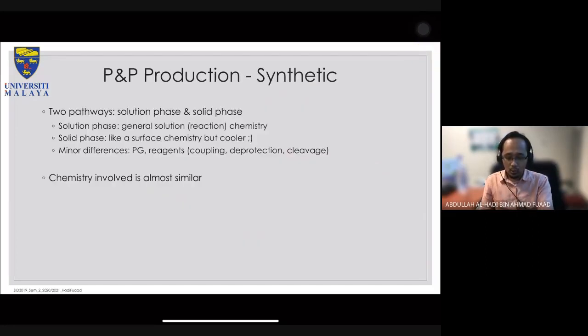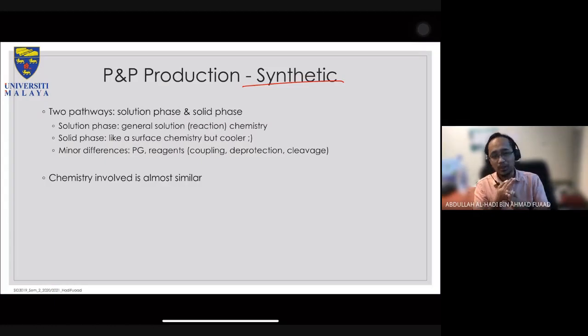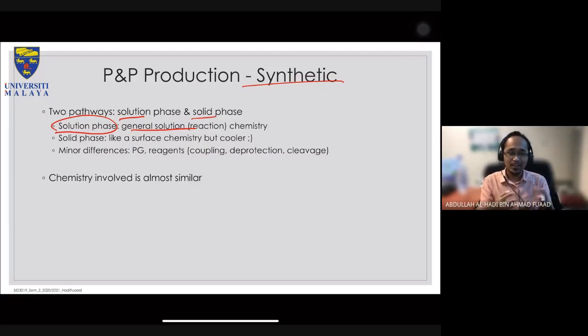All right, so if you're focusing on the synthetic pathway, as I mentioned, there are 2 pathways. One is solution phase, the other one is a solid phase. So a solution phase is basically the same way whereby you did your synthesis during your first year. So basically you have A, you have B, you mix them together, put in some other stuff, and then voila, you magically manage to produce a product.